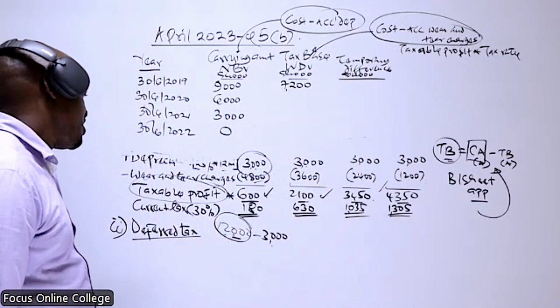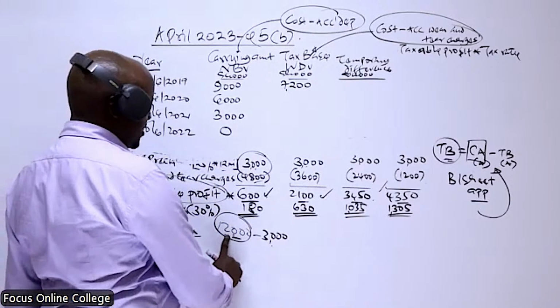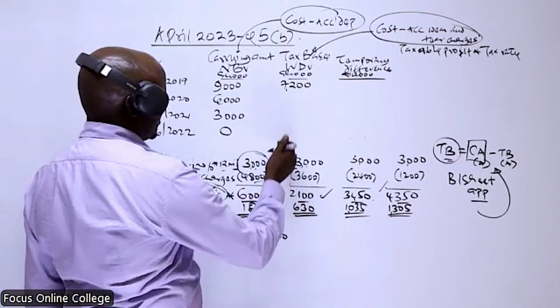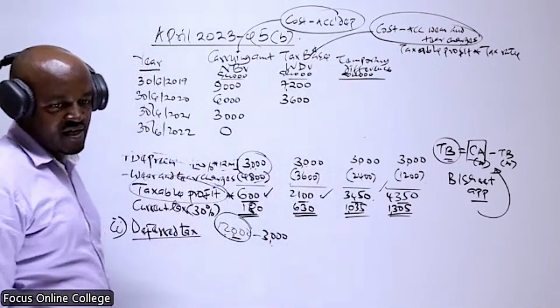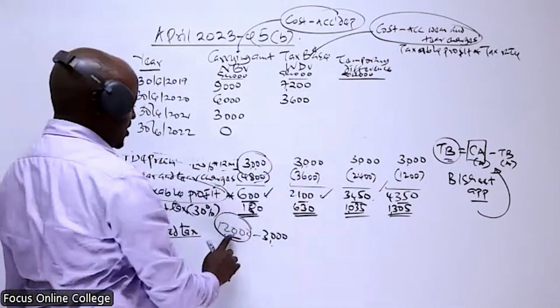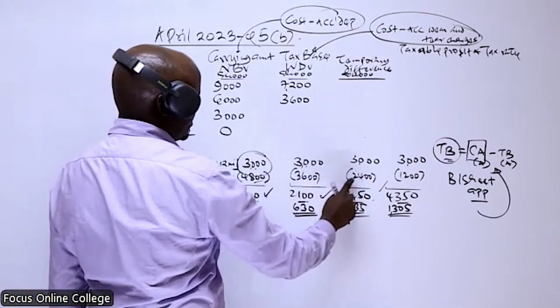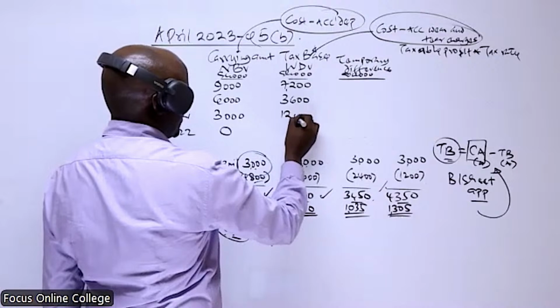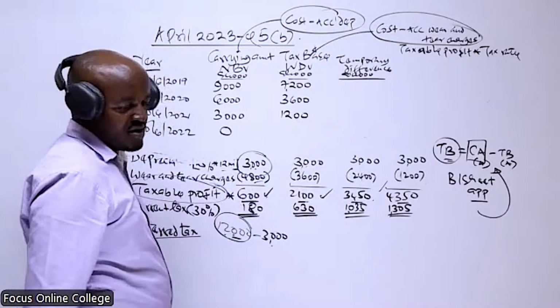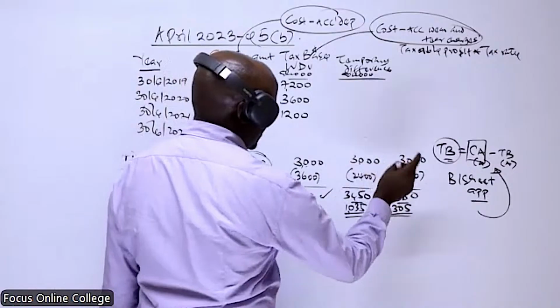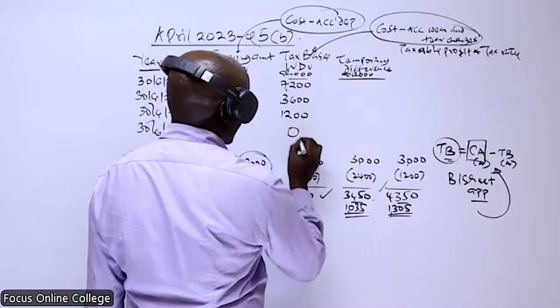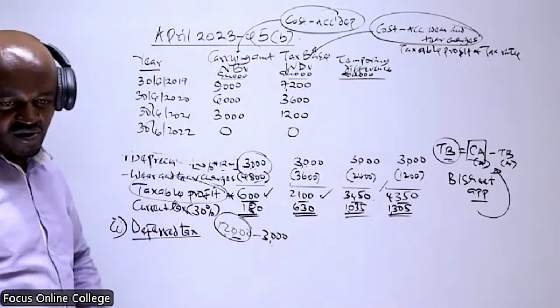In year two, we take this minus this minus this, which gives us 36. In year three, we deduct the three years of charges, which gives us 12. In year four, we deduct all four, and that gives us 0.